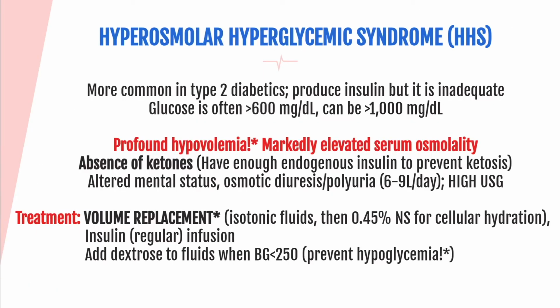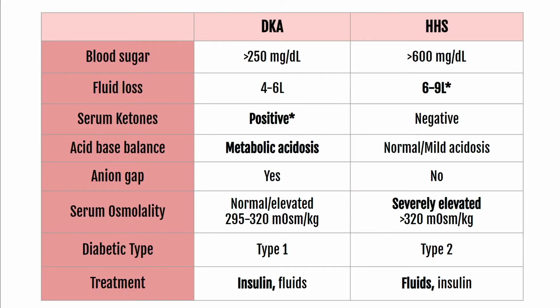The most important thing I want you guys to know is that these patients in HHS are profoundly hypovolemic. They are going to be dehydrated and dry. And one of the differentiations between DKA and HHS is the markedly high serum osmo of these patients. Here is my little DKA versus HHS table.